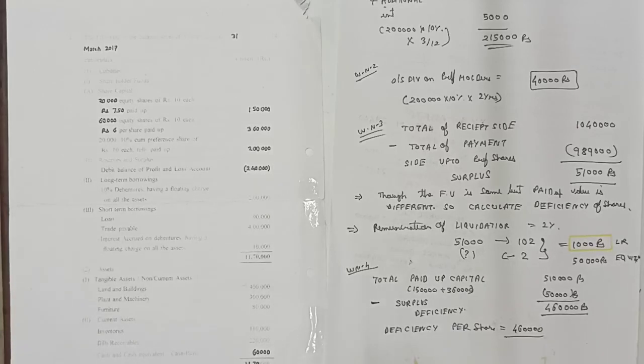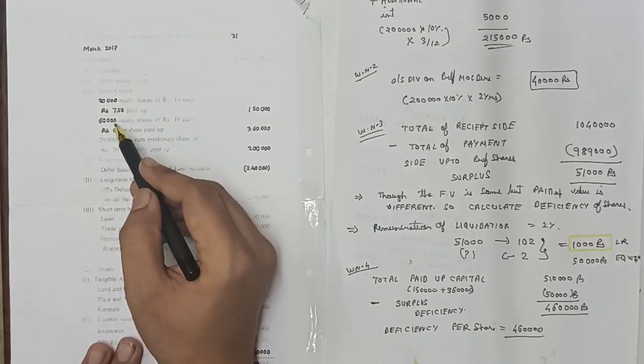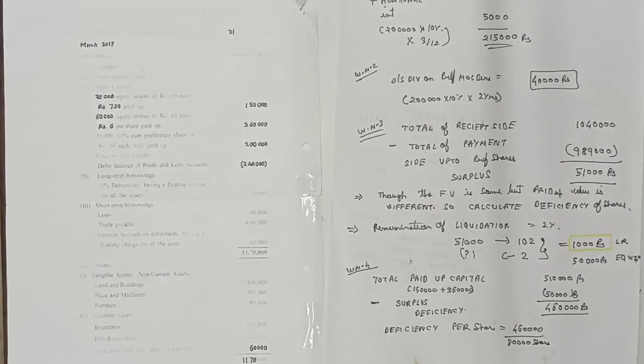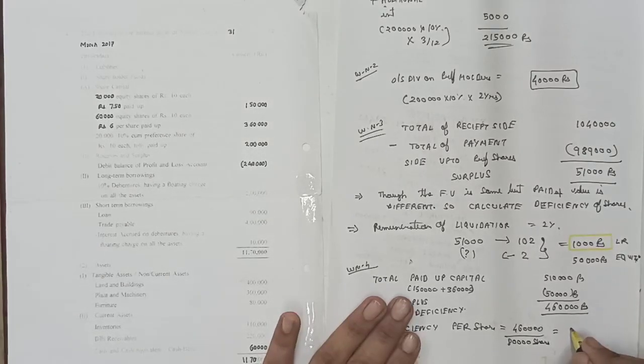I am seeing the number, right? So 20,000 equity shares plus 60,000, so it gives me 80,000 shares, right? So I can say 4,60,000 divided by 80,000 gives me the amount of 5.75 rupees per share loss.